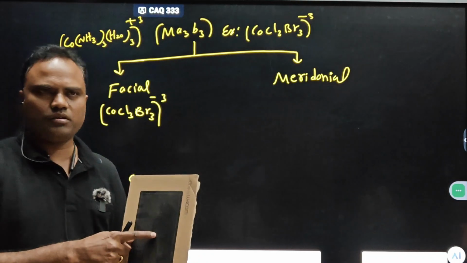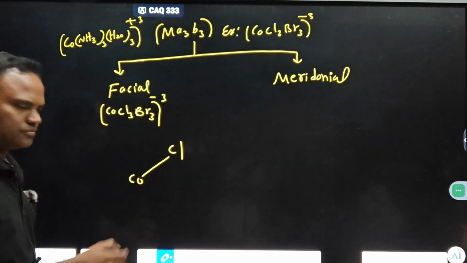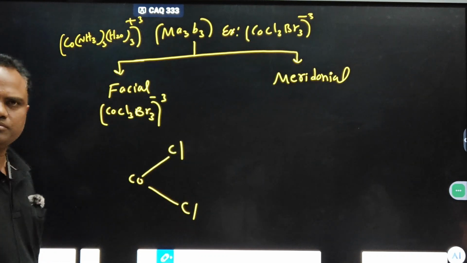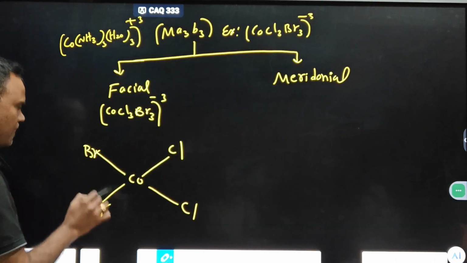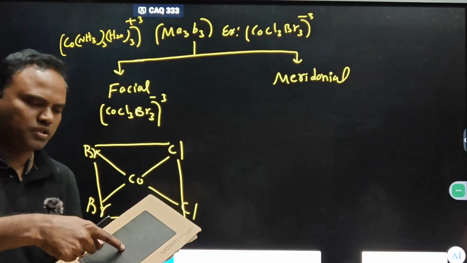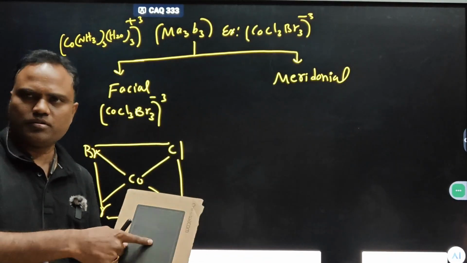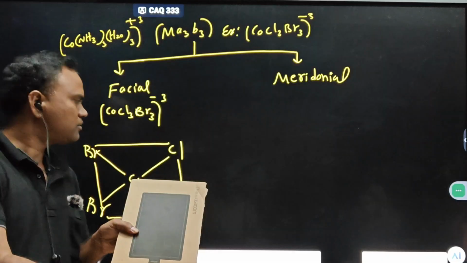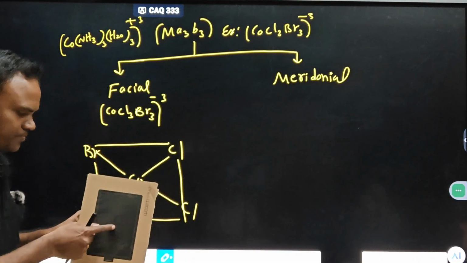Cobalt is present in the middle. Okay. Cl. Br. You tell me, two chlorines are arranged in the center. Cobalt is present. At this corner, chlorine. Okay, take this only as it is.